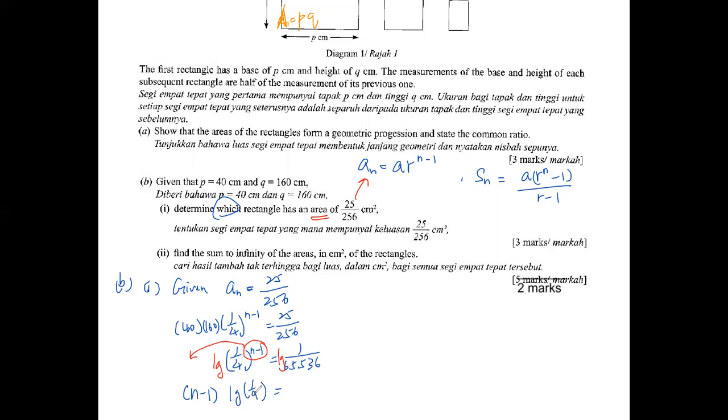Remember, log of 1 over 4 is just a number, and log of 1 over 65,536 is just another number. Then we move this number to the other side, multiplication, so we divide it. Then n minus 1 equals 8. Finally, n equals 9.